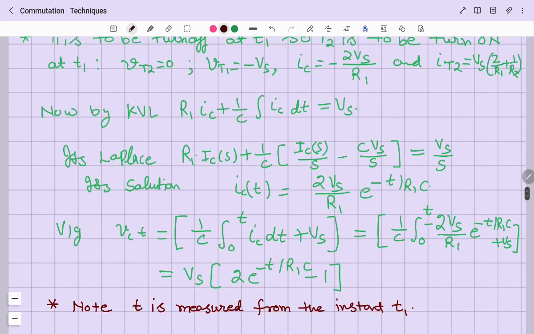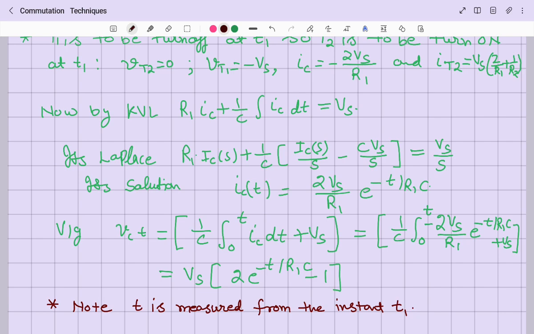Now if I apply KVL, it would be like this: R1 IC plus 1 by C integral of IC dt is equal to Vs. By taking Laplace and inverse Laplace, we get the capacitor current, which comes out to be 2 Vs by R1 e to the power minus t by R1C.